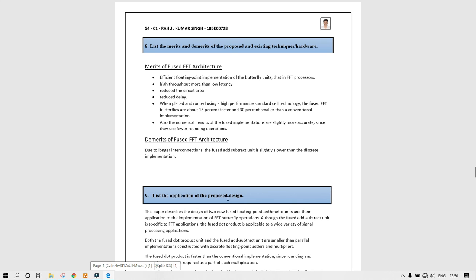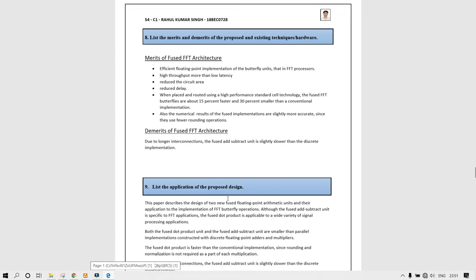The fused FFT butterflies are 15% faster and 30% smaller than the conventional implementation. Also, the numerical results of the fused implementation are slightly more accurate since they use fewer rounding operations. The demerit is that, due to longer interconnection, the fused add subtract unit is slightly slower than the discrete implementation.